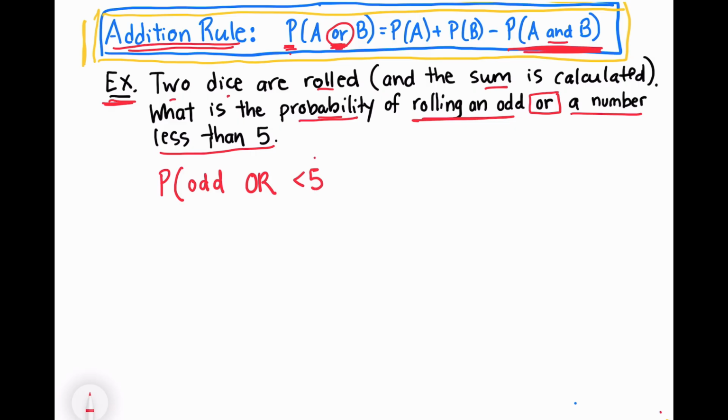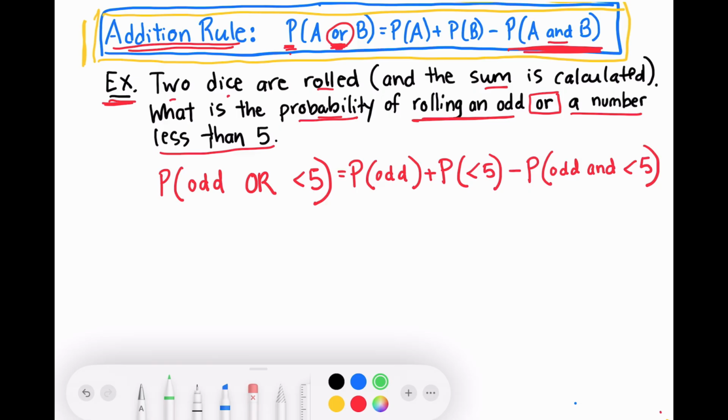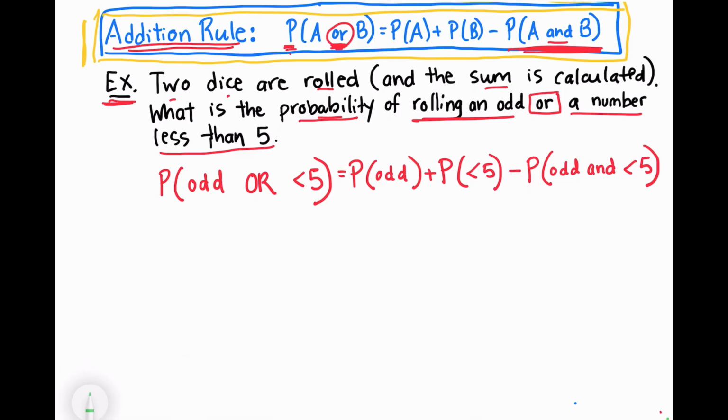And using the addition rule, this would just be the probability of rolling an odd sum plus the probability of rolling a number less than 5 minus the probability of rolling an odd sum that is also less than 5. So this is nice because it just breaks down the problem for me. So let's think, what is the probability of rolling an odd number? Let's focus there and just break things down.